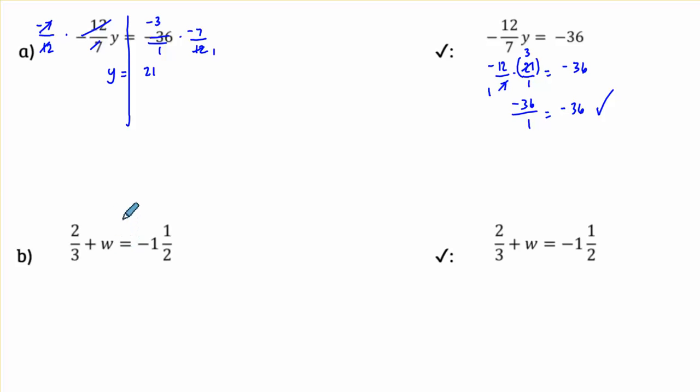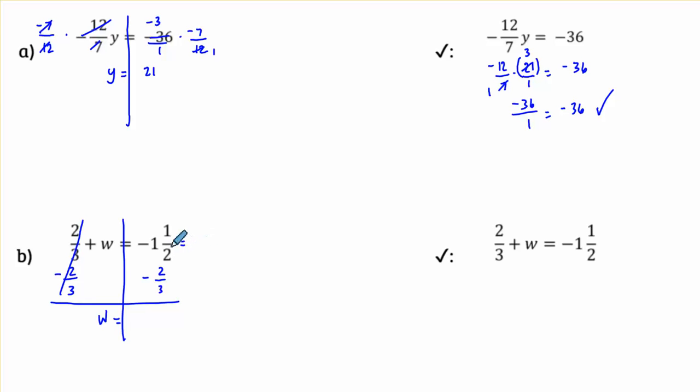Coming down to B, I'm going to draw my river, and let's see, I want to get W by itself. So I'm going to subtract 2/3 from both sides. Okay, so those will cancel out, and I'm left with W. Now, in order to do this problem, we first of all need to find a common denominator because we've got addition and subtraction going on here.